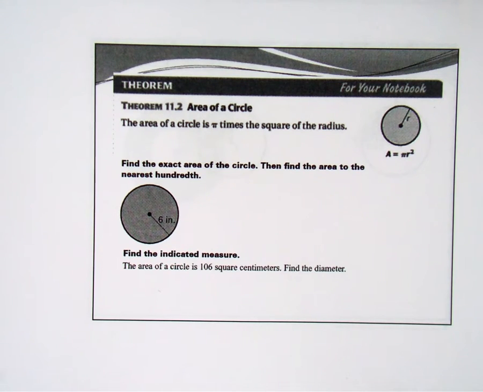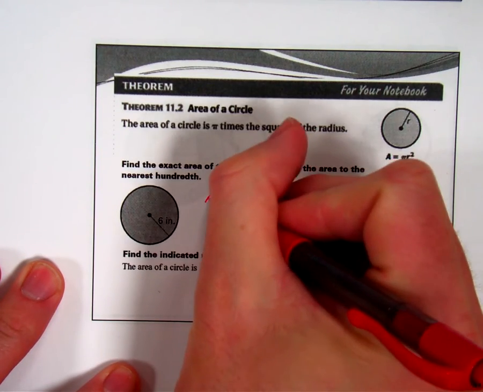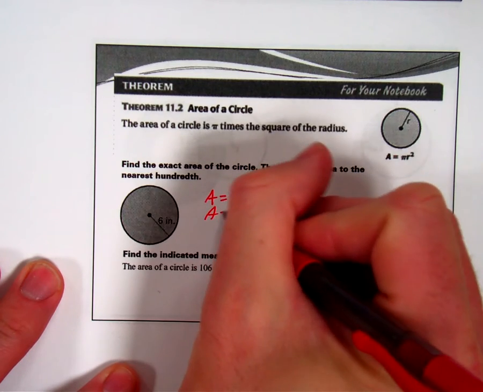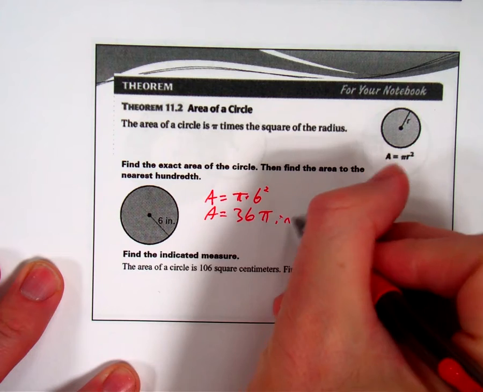Find the exact area, and then find the area to the nearest hundredth. Okay, so when we're talking exact, we leave pi in the answer. So if we have radius of 6, it's pi times 6 squared, or 36 pi inches squared.